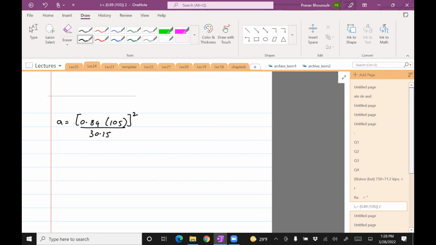It's 258. And then B is minus a third log of SE, which is 30.15, divided by F times SUT, which is 0.84 times 105.